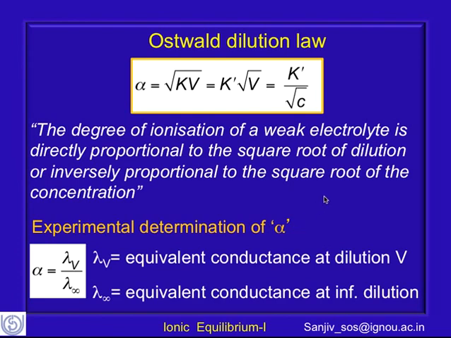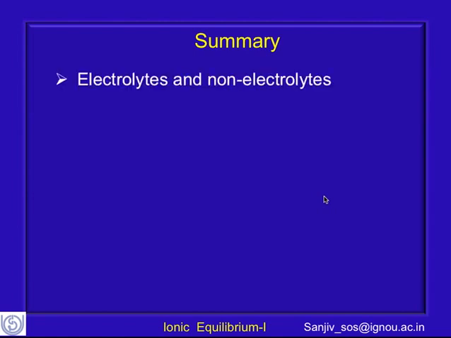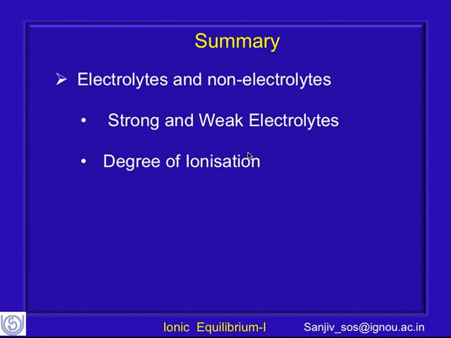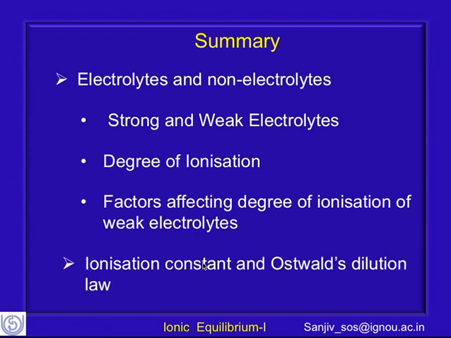Okay, now let's sum up what we've done. We basically started by defining what electrolytes and non-electrolytes are. We took some examples and tried to define that. Then we took another set of examples to clarify what we understand by strong electrolytes and weak electrolytes. Thereafter, in the context of weak electrolytes, we defined a term called degree of ionization, which is a measure of extent of ionization. Thereafter, we discussed 4 different factors that affect the degree of ionization, and then we moved on to defining the ionization constant.